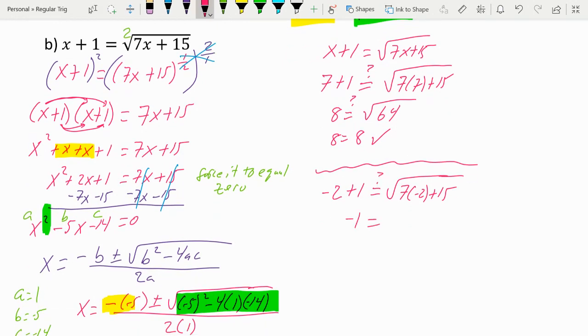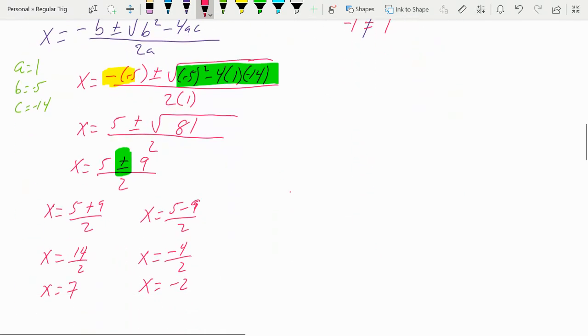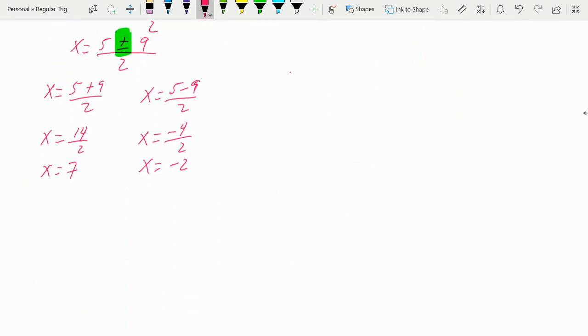And again, there should be a question mark over there because you don't know if the left side and the right side are equal. 7 times negative 2 is negative 14. Negative 14 plus 15 gives me 1. Negative 1, and the square root of 1 is 1. Do those equal? No, they do not. So then what do I know? I know that x equals negative 2 is extraneous.